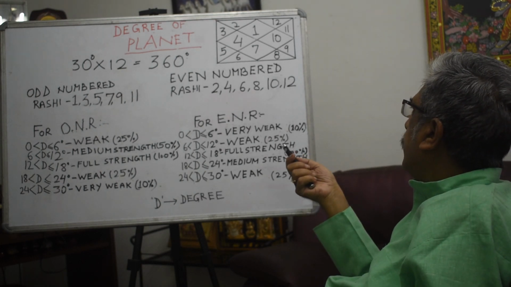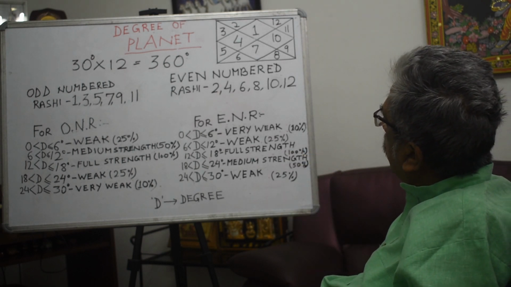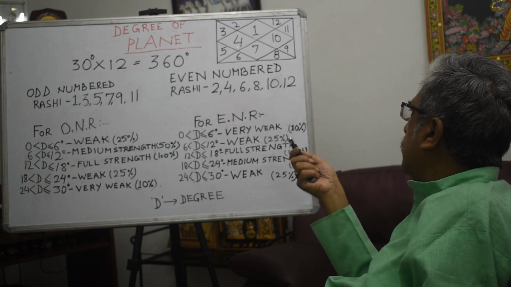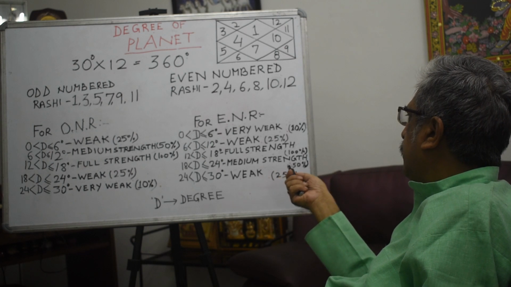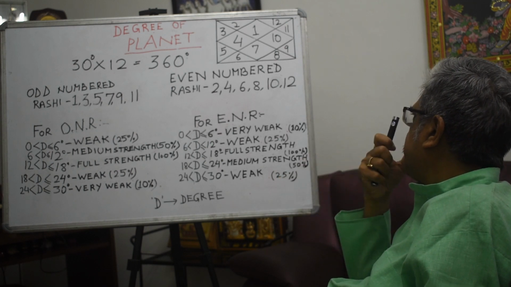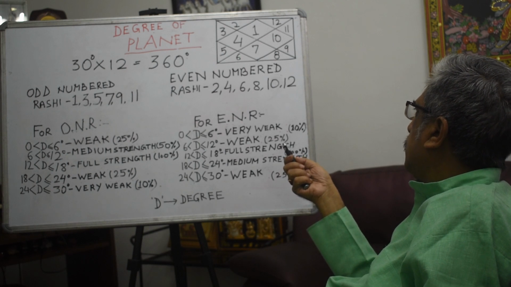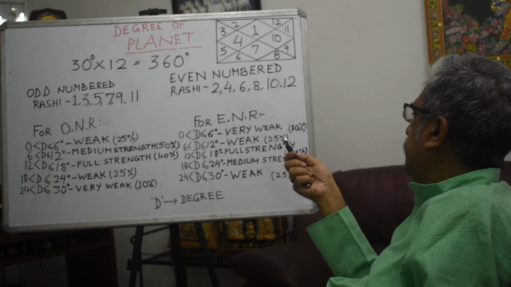Similarly, suppose in Cancer, Jupiter is at 10 degrees. Cancer is an even numbered Rashi, and 10 degrees, between 6 to 12, gives 25% result. Again, suppose Virgo. In Virgo, suppose Mars is placed at 15 degrees.